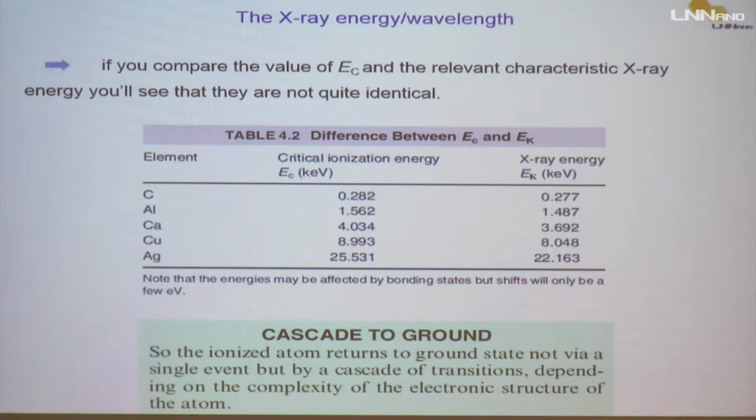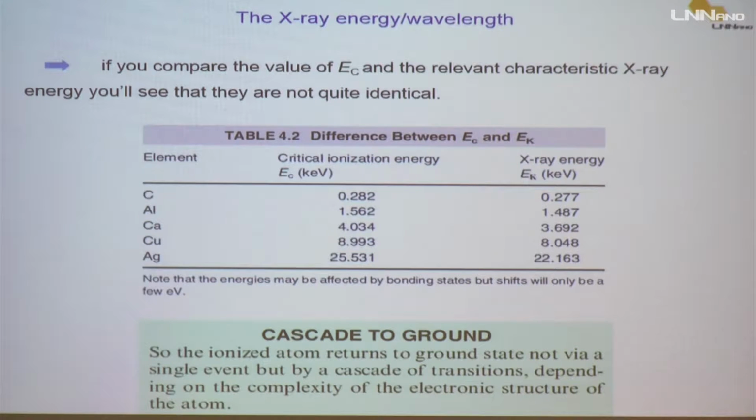It's very interesting to compare here the critical energy for ionization of an element and the characteristic X-ray that it generates. It's easy to see that the critical ionization energy is always higher than the energy of the characteristic X-ray.